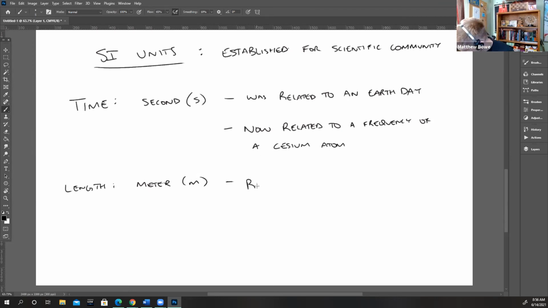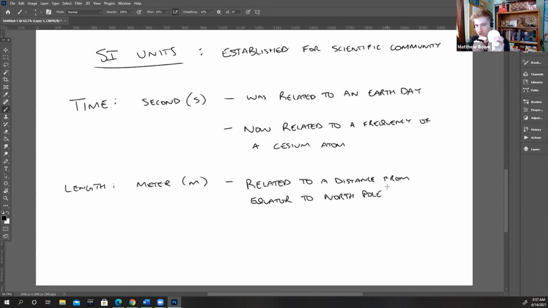A meter was related to the distance from the equator to the North Pole. But I'm sure you can see that is a difficult thing to measure accurately.